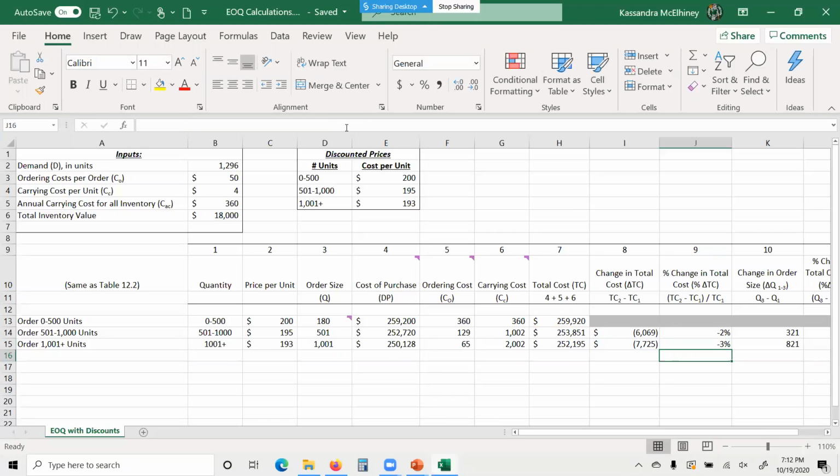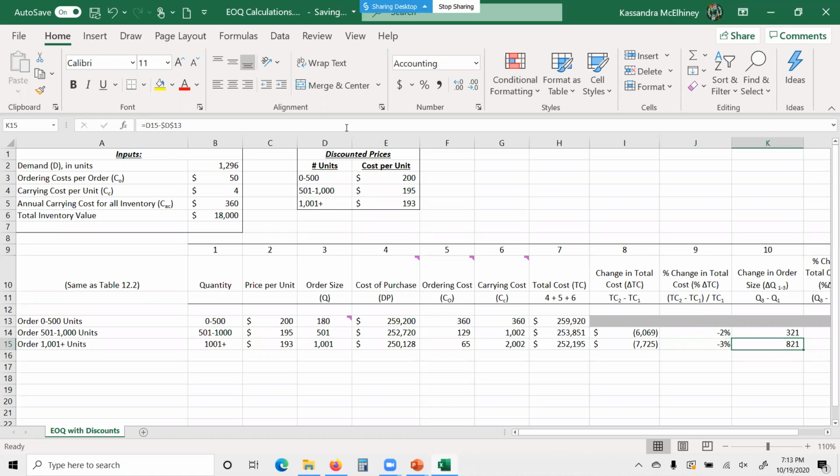these are figures with which you'd go into the meeting armed. We can order 1,001 units, and the change in our total cost is going to be a reduction of 3%. However, our carrying cost is going to increase substantially compared to economic order quantity.